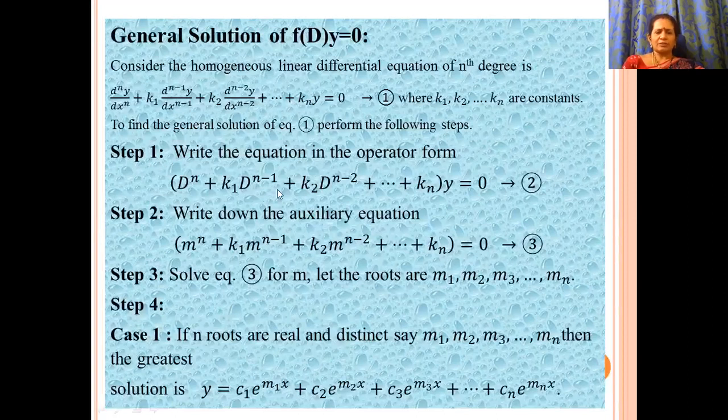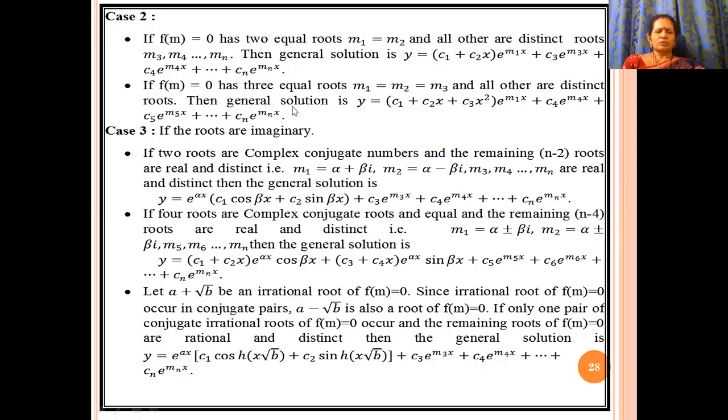From the auxiliary equation, we can write down the complementary function like this. It is clearly explained, one by one, whether it is a real root or a complex root, how to write the complementary function from the auxiliary equation. After getting the auxiliary equation, we'll get the roots. According to the roots, how to write the complementary function I explained here.